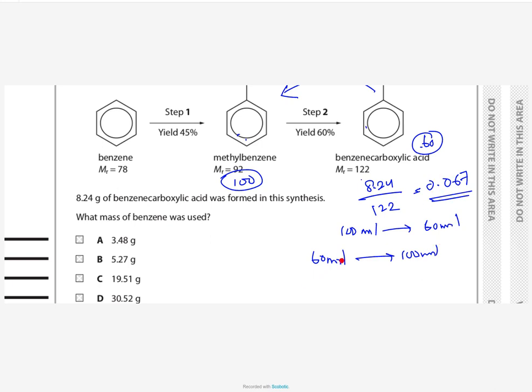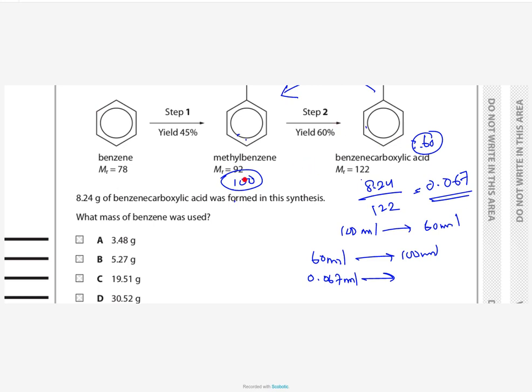Therefore, we don't have 60 moles, we have 0.067 moles. To produce 0.067 moles, how much methylbenzene do we need? Because 60% means 100 gives 60. I'm trying to explain a very simple, basic explanation. Of course, if you're okay with maths, you can do it in a very short method.